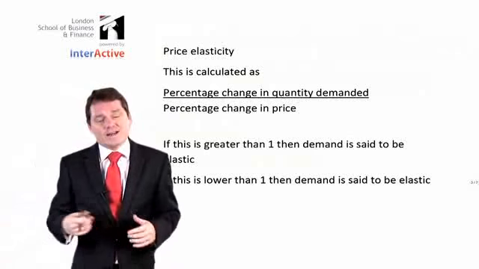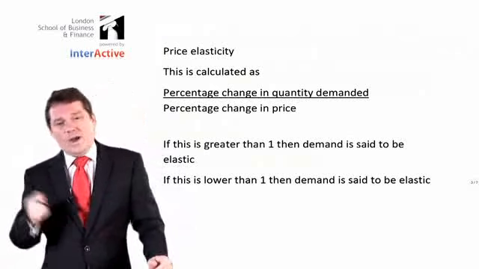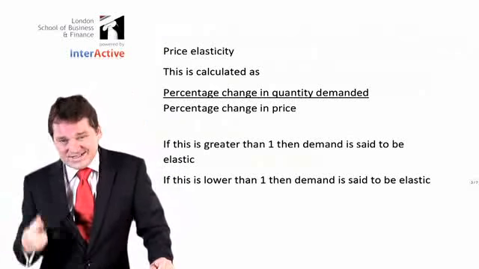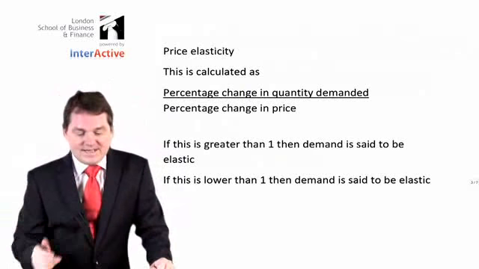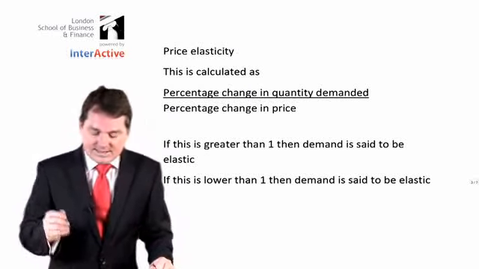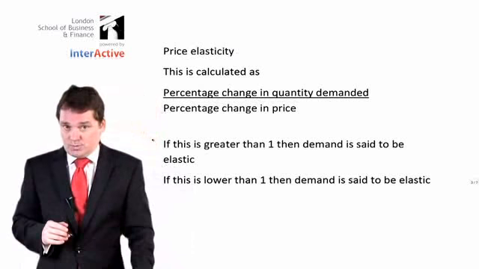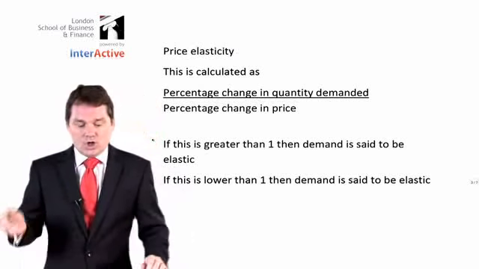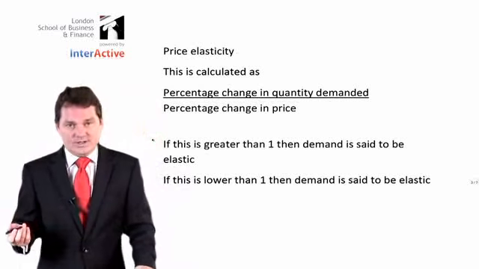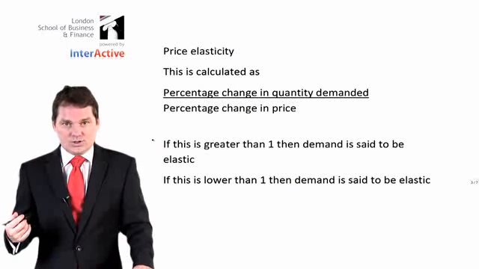Now, we said we had a demand curve, and we said when prices go up, quantity comes down. Price elasticity is calculated by how much the demand changes, as a percentage, over how much the price has changed, as a percentage.